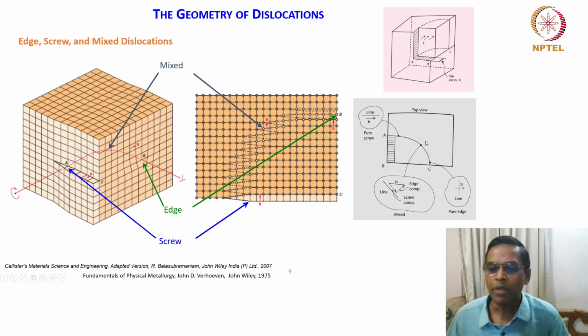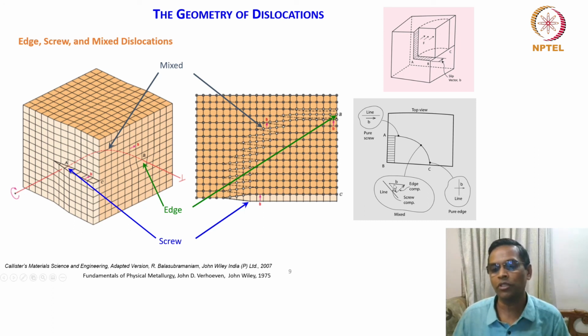So how will B and the line orient? Obviously, when you say mixed, you should anticipate that B should have some angular relationship with the dislocation line. So how do we understand that? This is the dislocation line, and this is a Burgers vector. If you take the two components, the angular components, it will have some angular relationship. One is edge and another is screw.